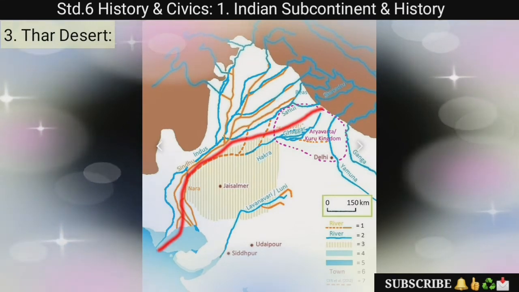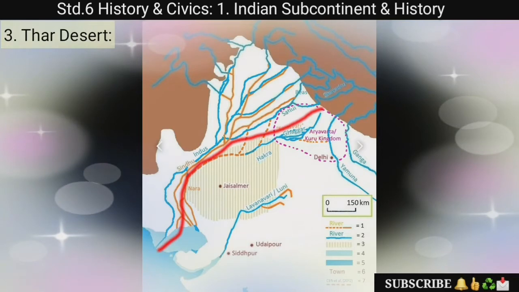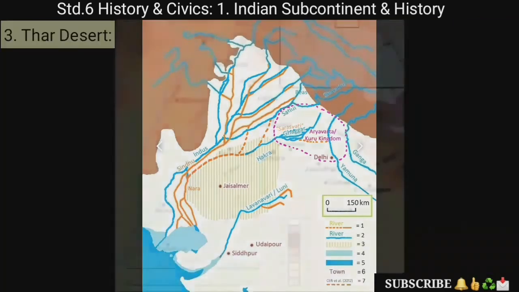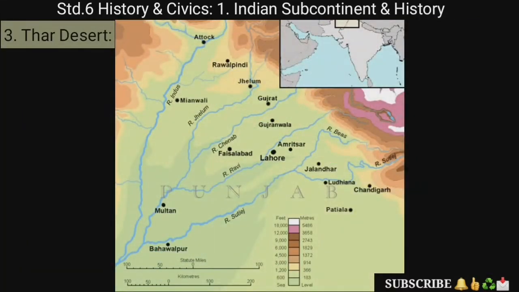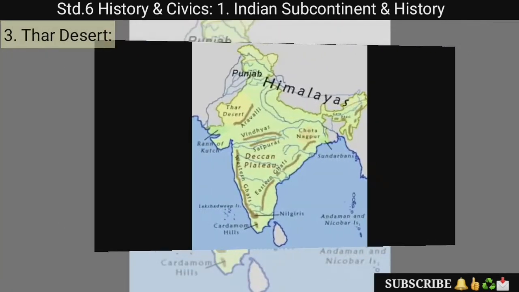Do you know which rivers are found in Punjab? And why is Punjab called Punjab? Because in Punjab 5 rivers flow. They are Satluj River, Ravi River, Beas River, Chenab River and Jhelum River. So it is short information about the Satluj River.